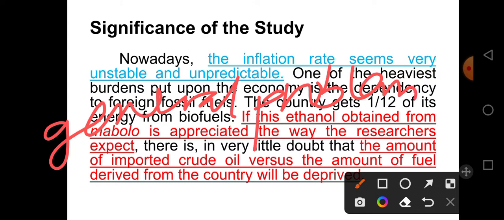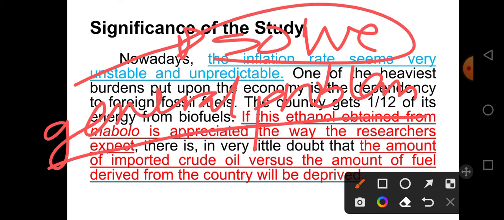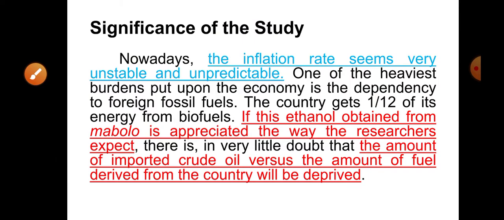So meaning to say, class, if we have the statement of the general problem occurring in our community, there is a need for us to solve such problem. Remember, every time we have to state an existing problem, it means that we must solve that problem. Now, try to focus on the phrases highlighted in red.